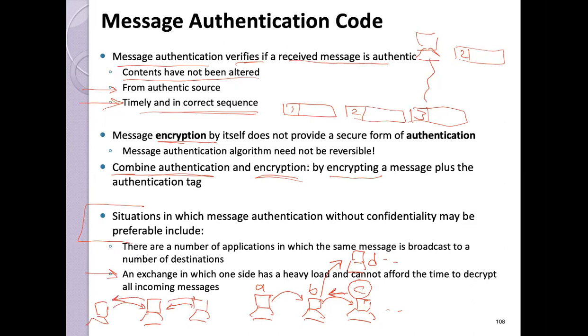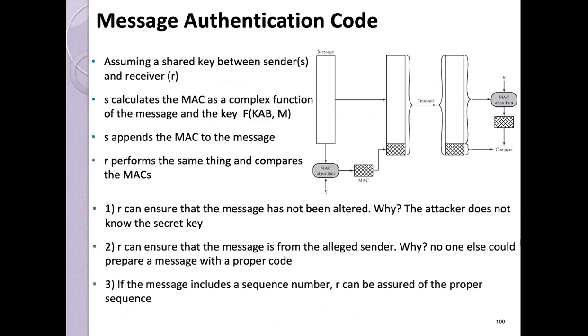The server cannot afford processing of complicated encryption algorithms, because there are many clients communicating with the server. So in that case, the server just wants to make sure who has sent that information, and that's it. So here again, we don't need encryption, we just need authentication.